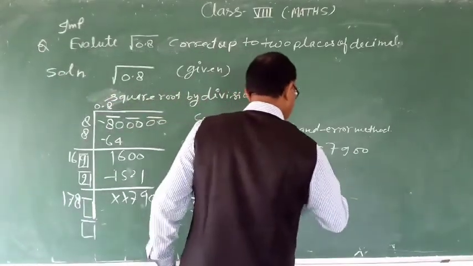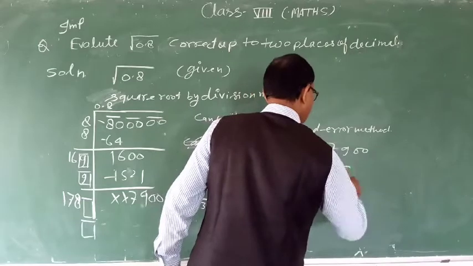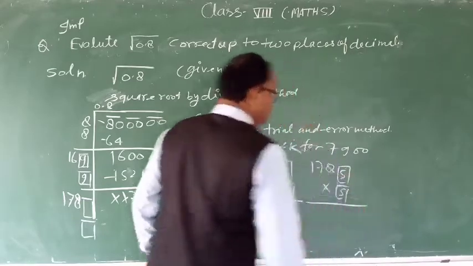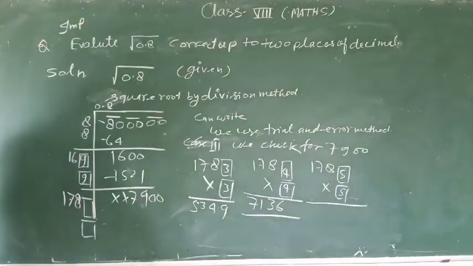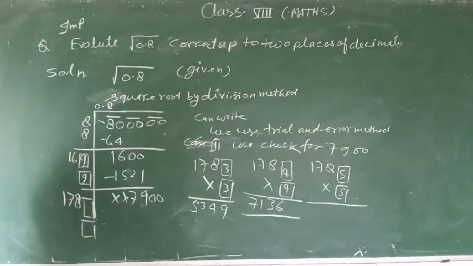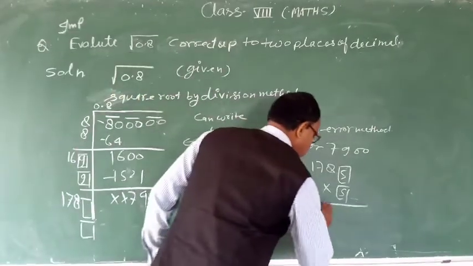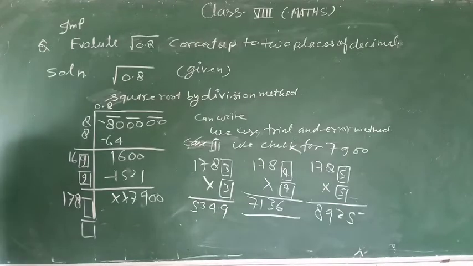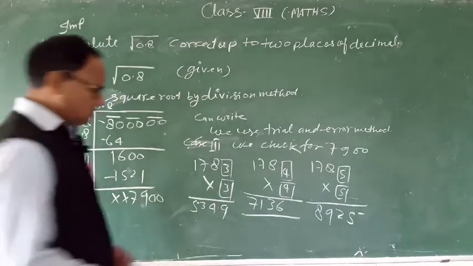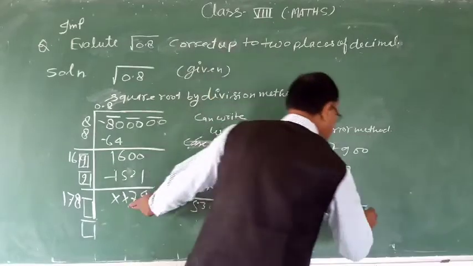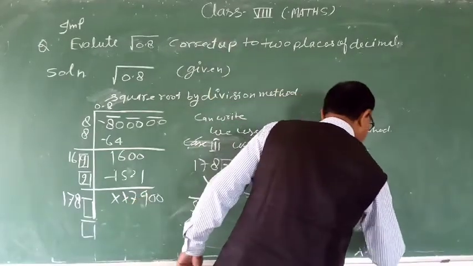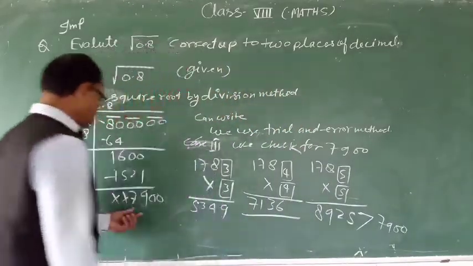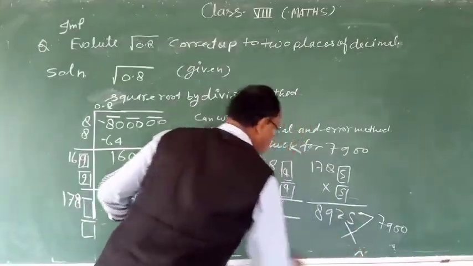After this 178 make box here 5 square, we get 8925, which is greater than 7900, not suitable for this solution.